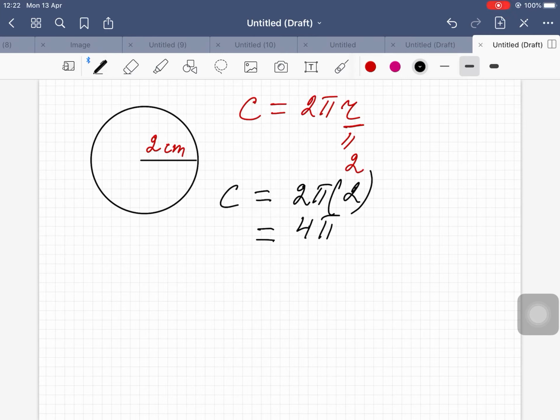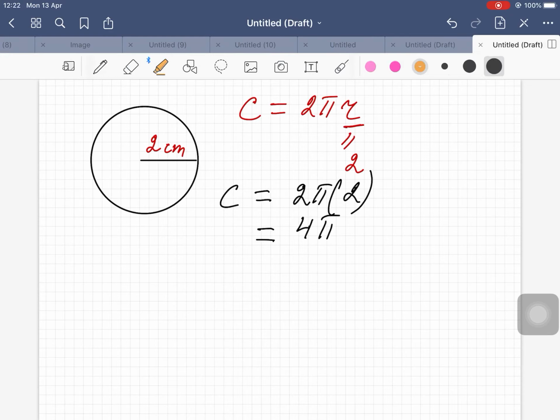Now, if you are required to get the answer in a decimal form, in an approximation, all you do is just punch 4 pi into your calculator and you will get that approximation. Now, sometimes you are not required to leave your answer in this approximation form, so you could leave your answer like this.